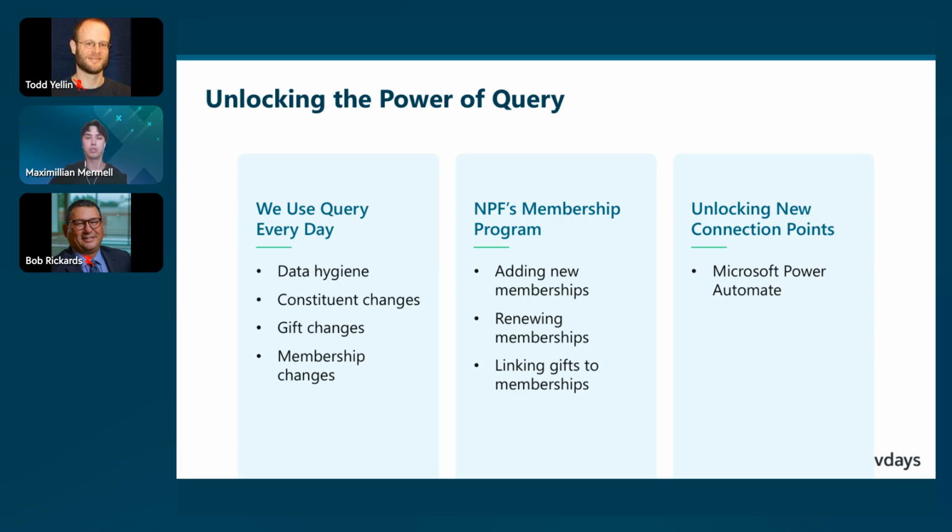For new memberships, we use queries for existing memberships to determine if they need to be renewed. We use queries to link gifts to the memberships. Query is already powerful. The really cool thing about this API is that it's unlocking that power for new connection points. And I'll be talking about Power Automate as well.